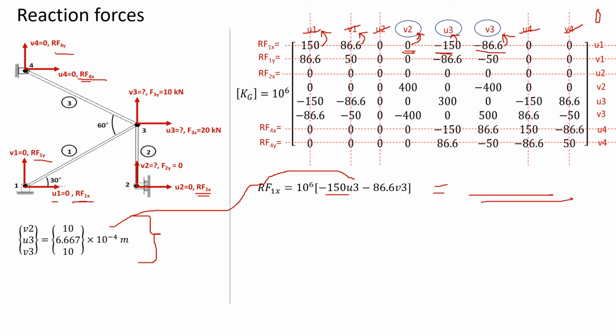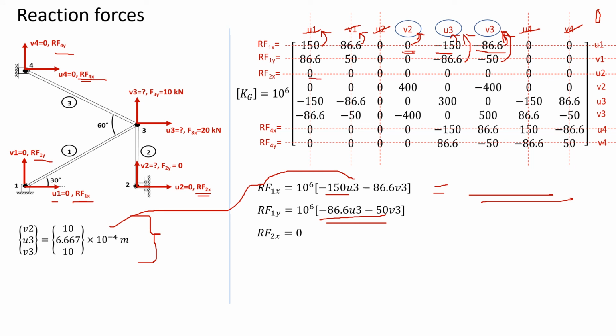The same thing applies for RF1y. We have negative 86.6 times U3 and negative 50 times V3, so that's why we have this equation.